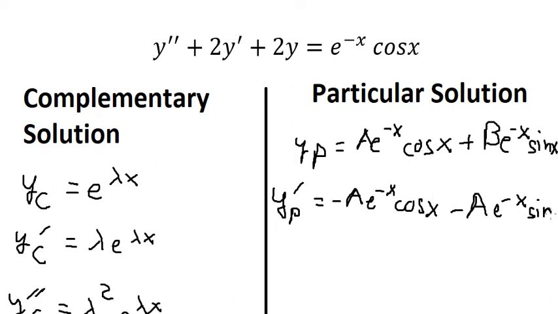Now we go to this one, we do the first derivative of e to the power of negative s. You get negative b e to the power of negative s sine s. Then we do the first derivative of sine s, you get cosine s.